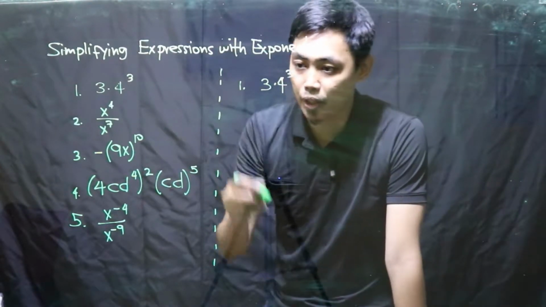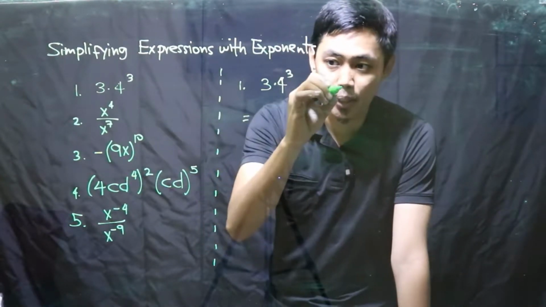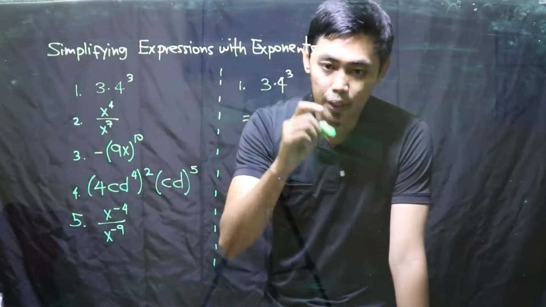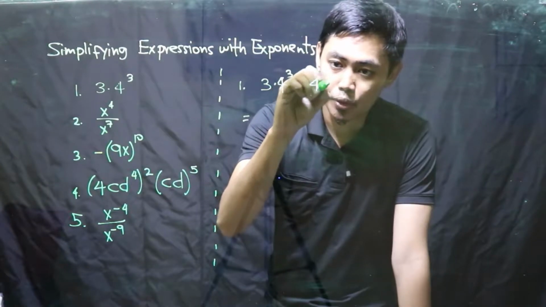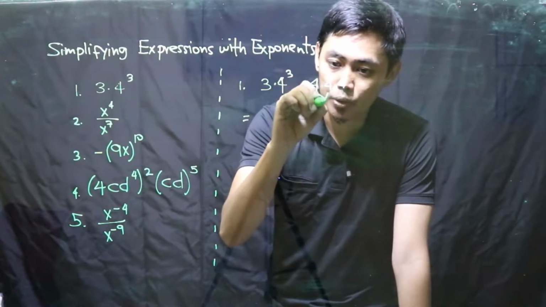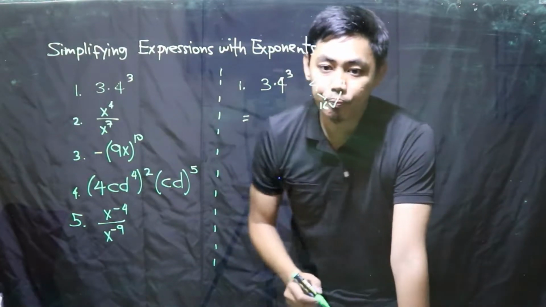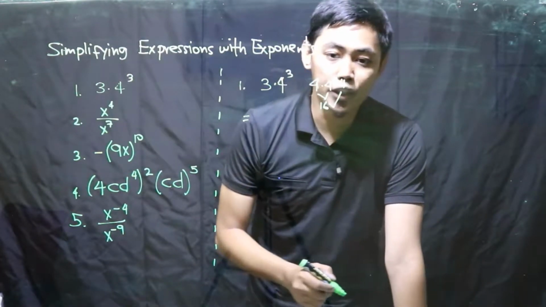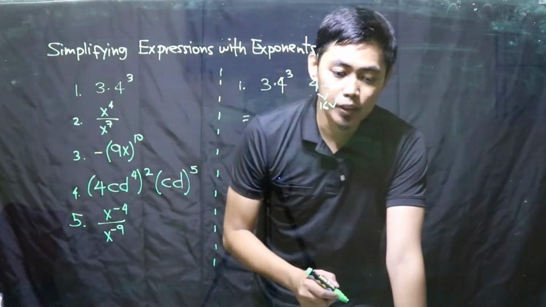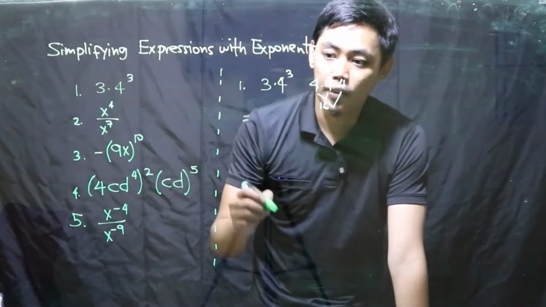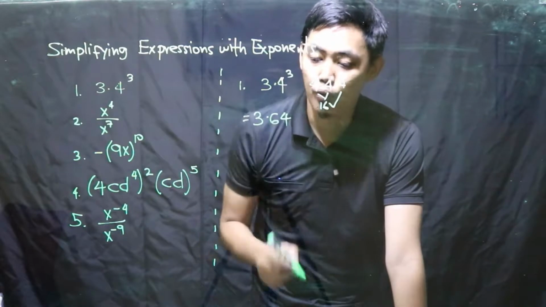So 4 to the power of 3 is 4 times 4 times 4. 4 times 4 is 16, and 16 times 4 is 40 plus 24, which is 64. So we have 3 times 64.